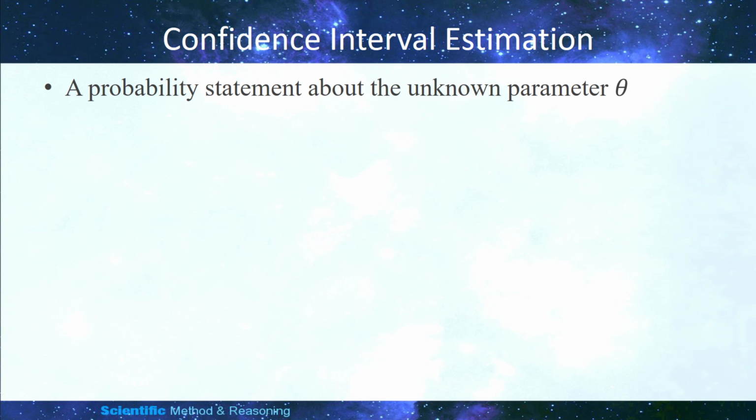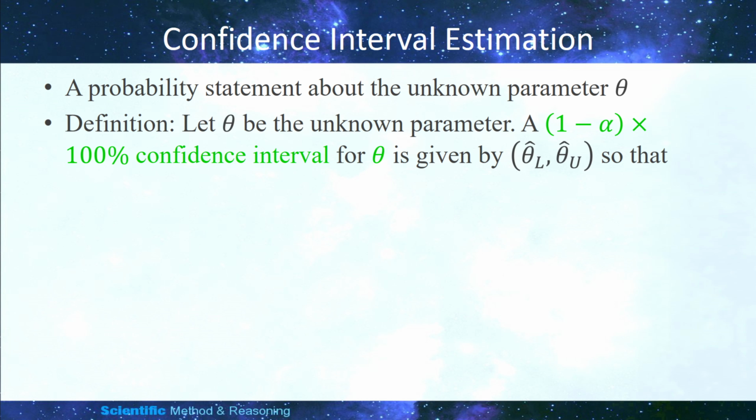Okay, so what is the confidence interval estimation? A confidence interval estimation is basically a probability statement about the unknown parameter theta. And the definition is that we would like to generate a narrow interval that will highly likely contain the true value theta with a high probability content.